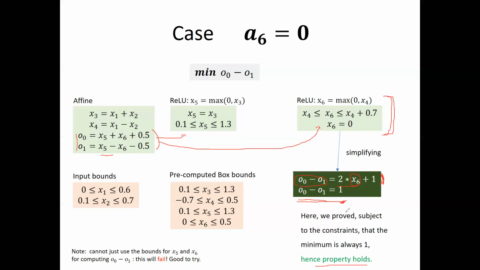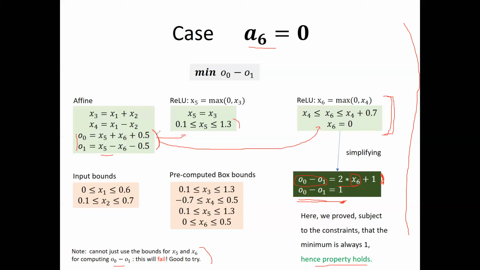So in this linear programming instance that you generated here, there are no integer variables anymore. A6 has been instantiated. You have proven that O0 is greater than O1. A good exercise I have put is that you cannot just use the bounds for x5 and x6 for computing O0 minus O1, because if you plug them in here, this will actually fail because it is not precise enough.